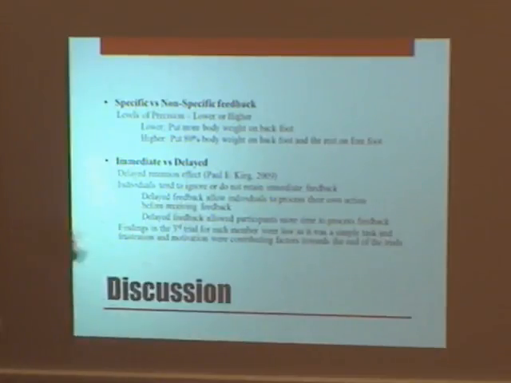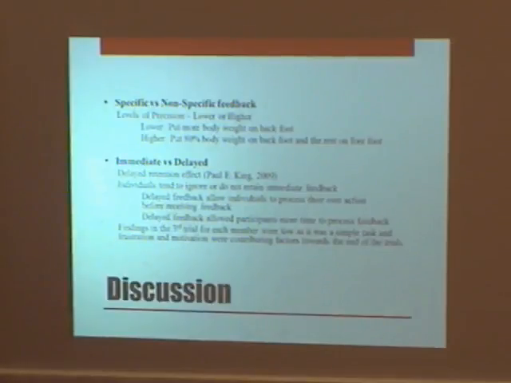So a not too specific feedback would be put more weight on your back foot, but how much weight? So more specific feedback would be put 80% of your body weight onto your back foot and the rest on your forefoot.